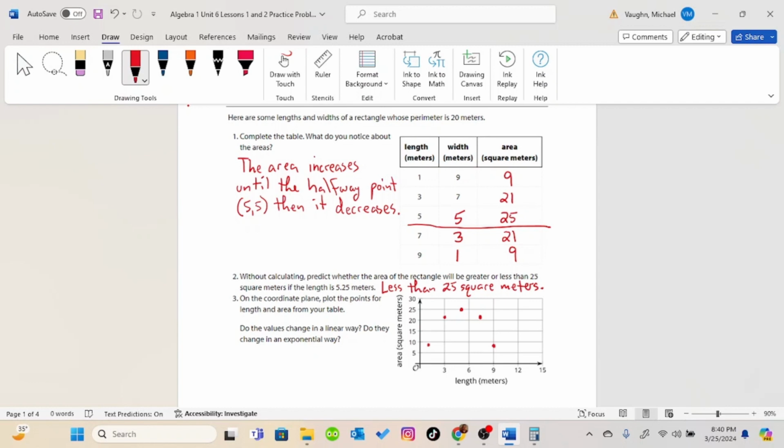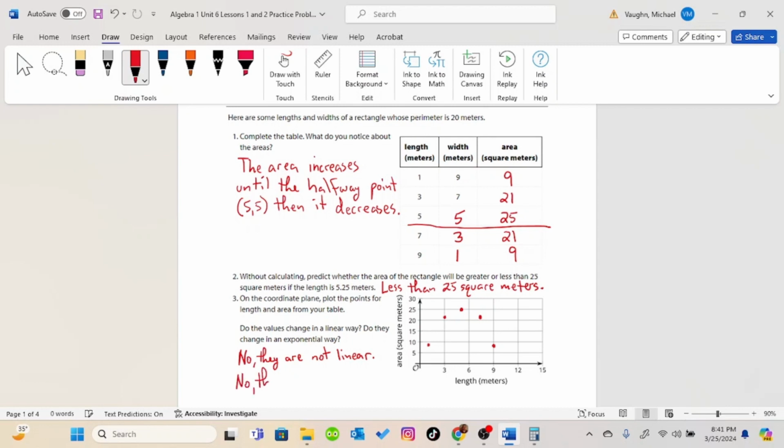Do the values change in a linear way? No. They are not linear. It does not form a straight line that goes in the same direction forever. Do they change in an exponential way?